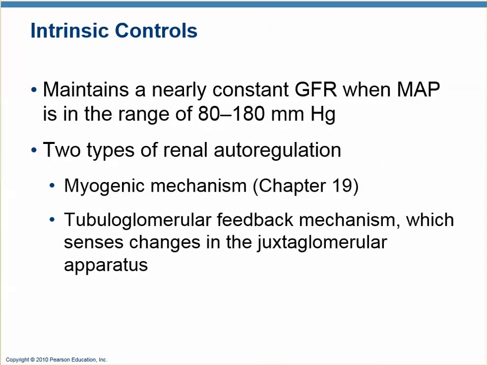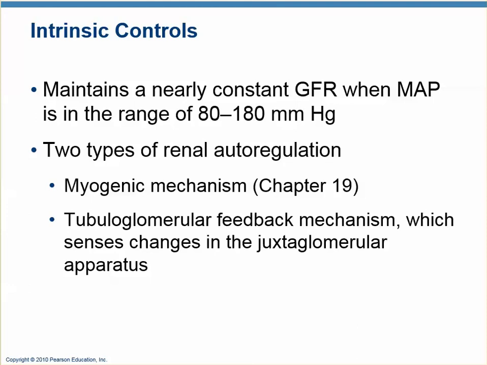So the intrinsic controls, as long as your blood pressure is about right, we basically control it with this juxtaglomerular apparatus, where if filtrate is being produced too quickly, the distal convoluted tubule gets stretched and dilates, which then causes vasoconstriction in the afferent arteriole, which then lowers the blood pressure and reduces the GFR.